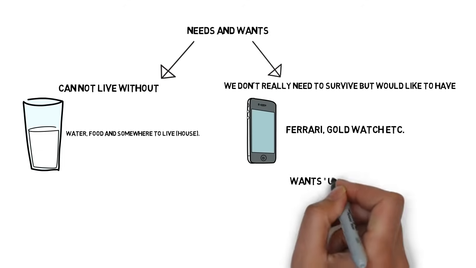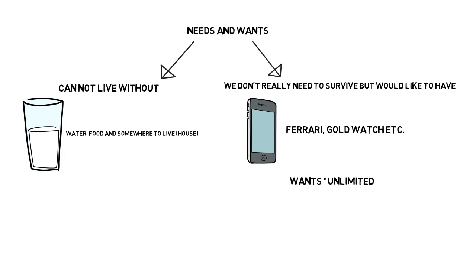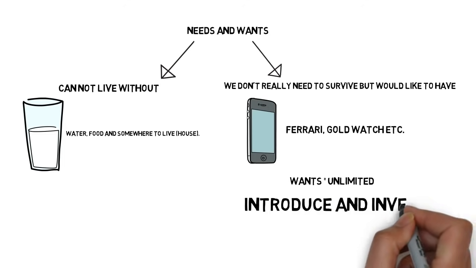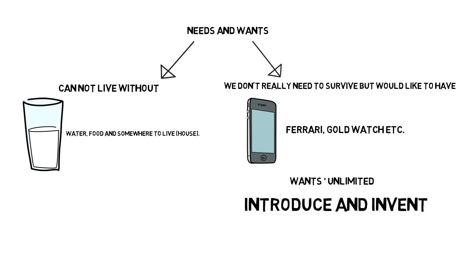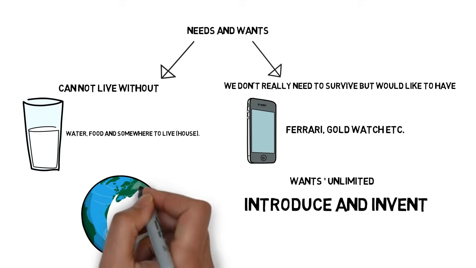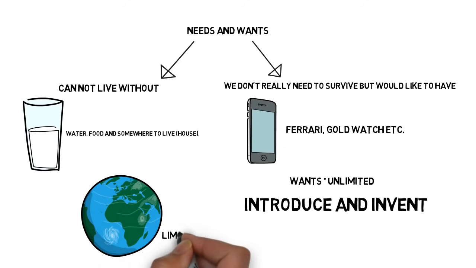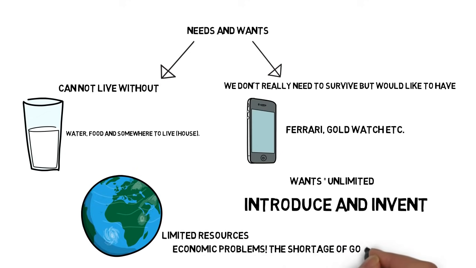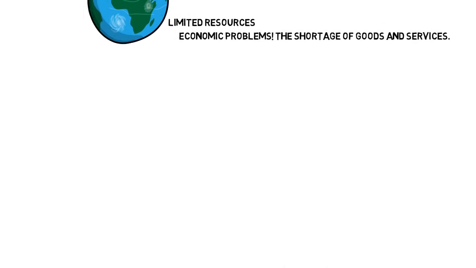Our wants can be unlimited, and as humans we always want to introduce and invent new things, so we are never really satisfied with what we want. On the other hand, our earth has limited resources. This results in economic problems, the shortage of goods and services.